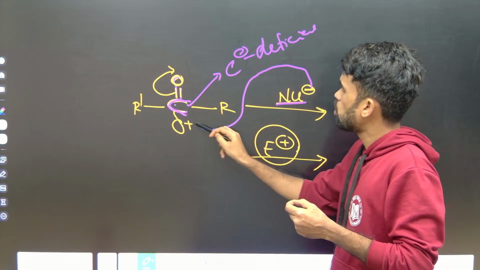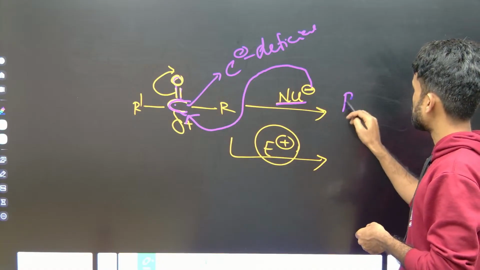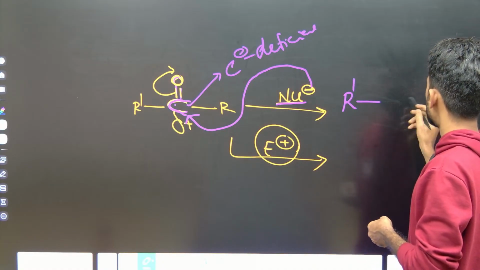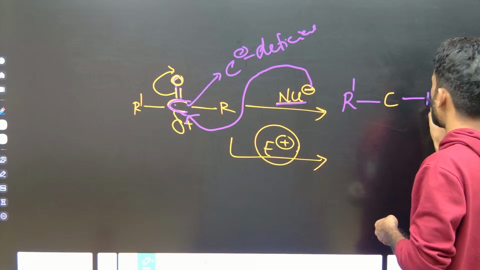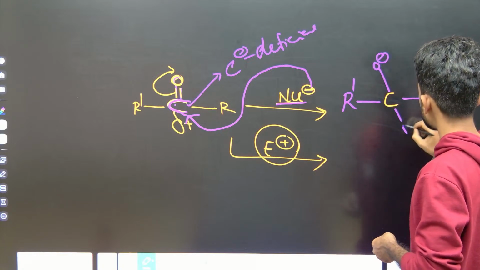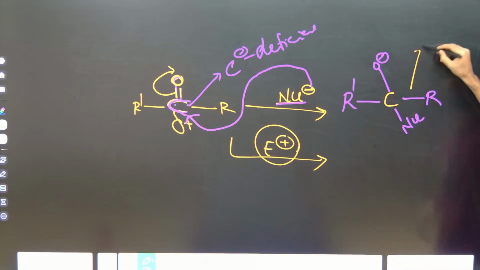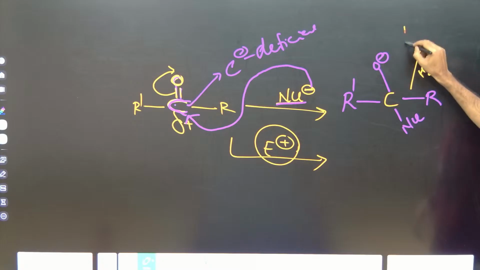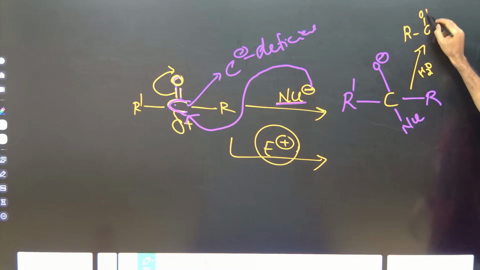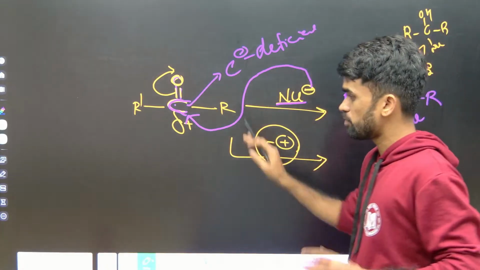Therefore it attacks this carbon, and we get R dash, C, R, with O becoming O minus, and the nucleophile attached here. Upon hydrolysis we will get R dash, C, OH, Nu. I will give one good generalized example of that shortly.